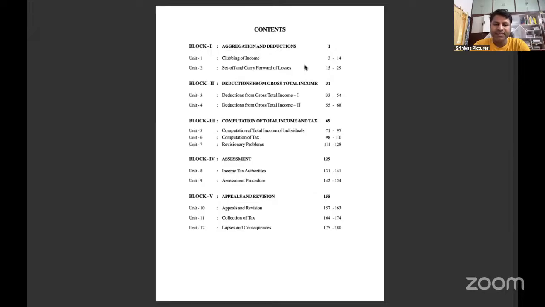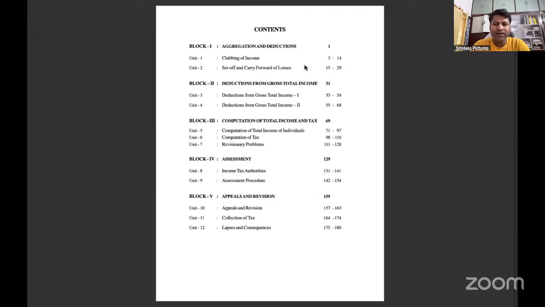Actually, these are the deductions under section 80, which we are going to discuss. All the deductions we divided into 2 chapters, unit 3 and unit 4: deduction from gross total income 1 and deduction from gross total income 2.